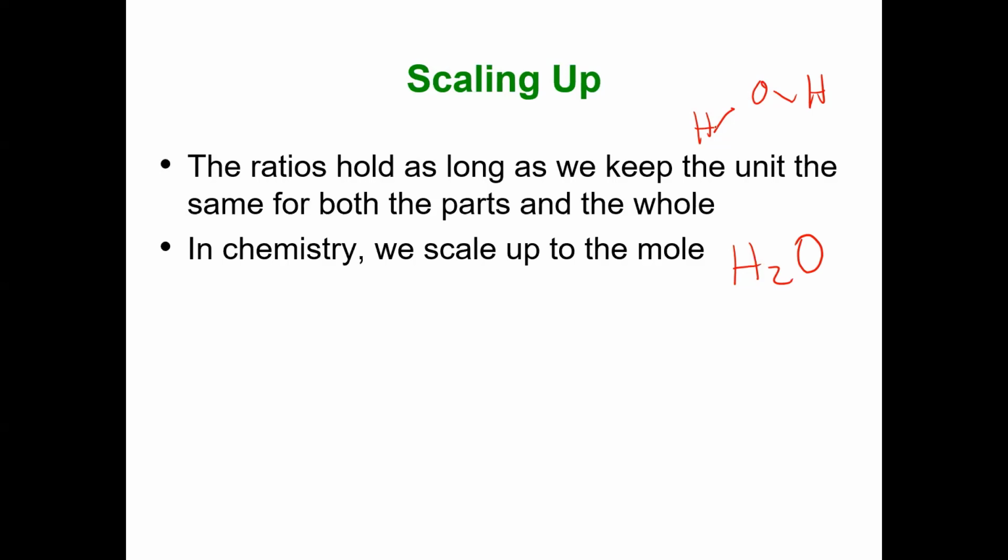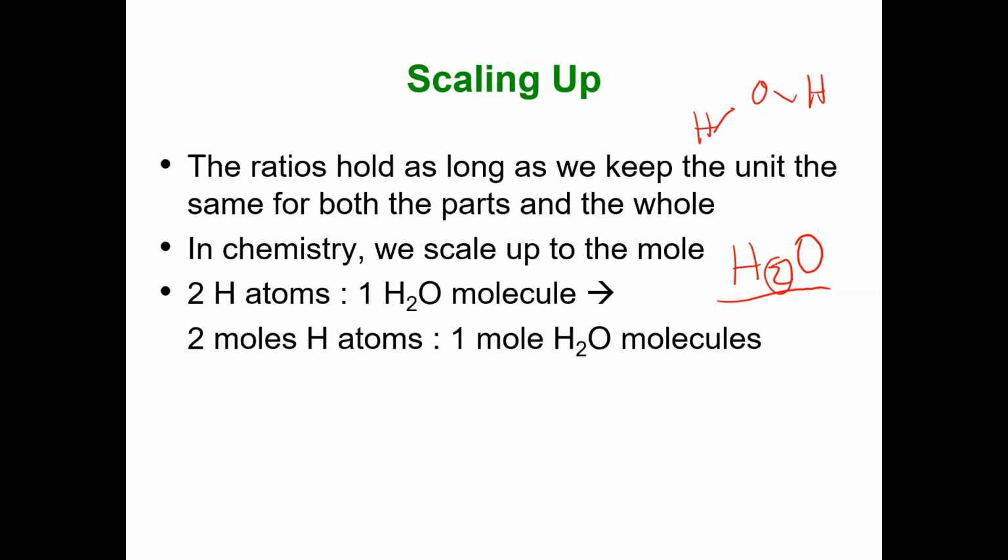No, I want you to think there's 1 mole of water and there's 2, this subscript 2, moles of hydrogen atoms and 1 mole of oxygen atoms. I want you to scale everything up because everything's in terms of moles, because that's a meaningful size. So there you go, 2 moles of hydrogen atoms.